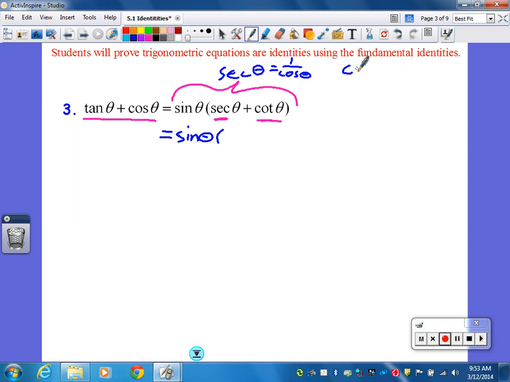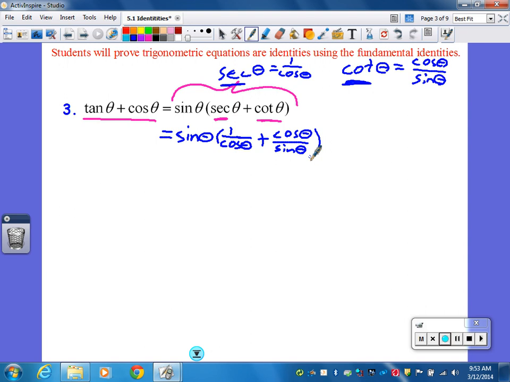And like I said before, cotangent theta is equal to cosine theta over sine theta. Well, I'm going to put each one of these functions into my equation. So I have 1 over cosine theta plus cosine theta over sine theta. Okay, now you should be asking yourself, okay, I just did that.